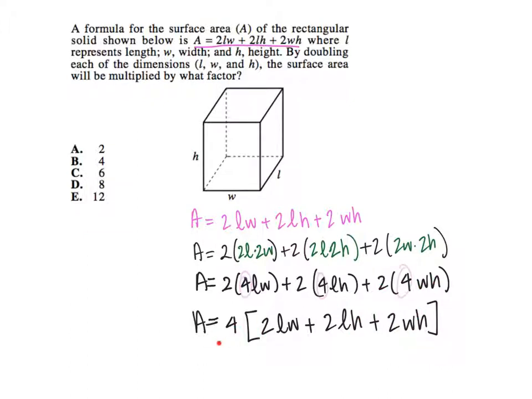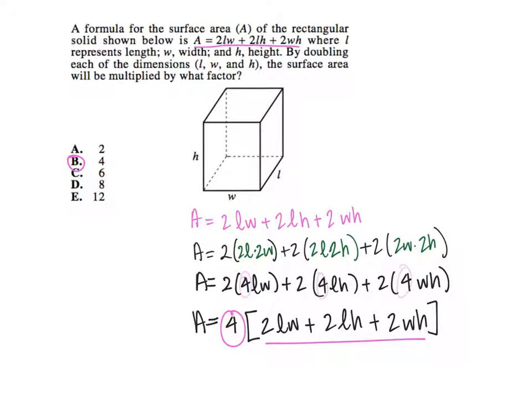And so when you compare this new function, when you double everything, the length, the width, and the height, turns out you're multiplying this entire thing by 4. Whereas this is the original area. And so it looks like it's about 4 times as much as the original surface area. So in this case, the answer is B.